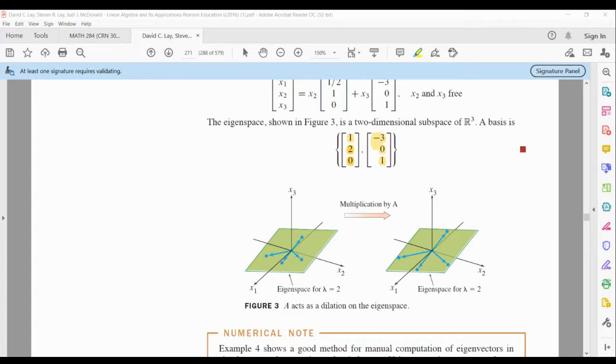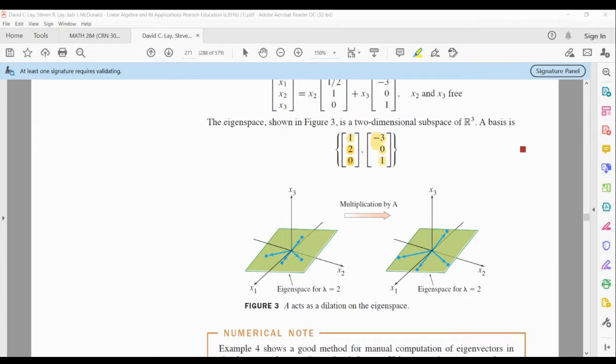And in figure 3, the matrix A acts as a dilation on the eigenspace. Yeah, this is a two-dimensional eigenspace. So the two vectors, 1, 2, 0 and negative 3, 0, 1, form a two-dimensional eigenspace on figure 3 on the left.